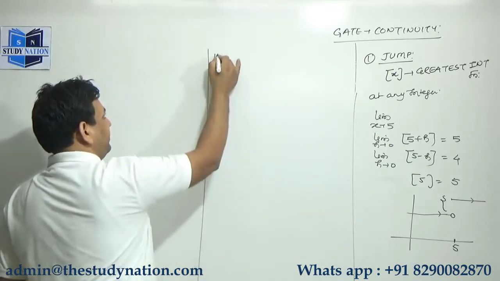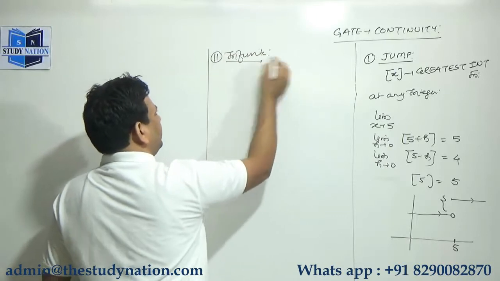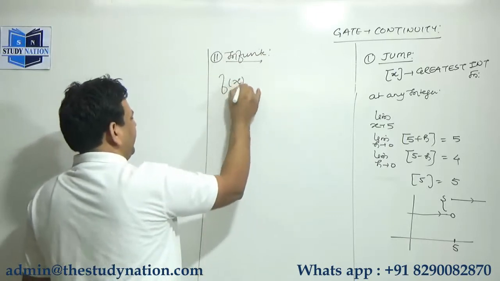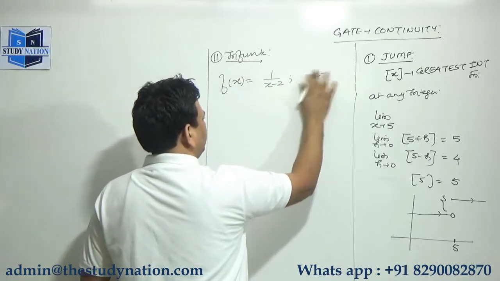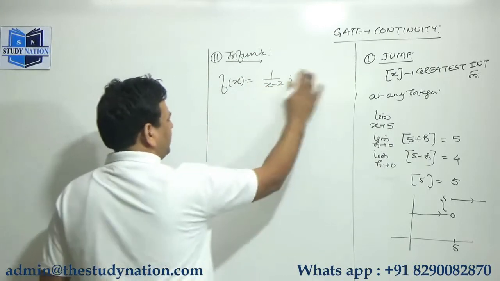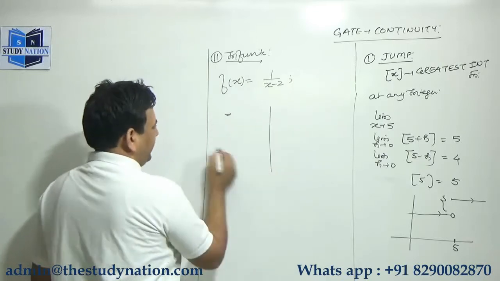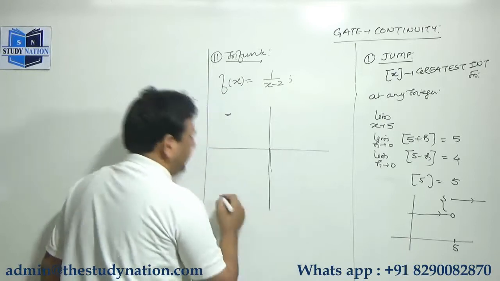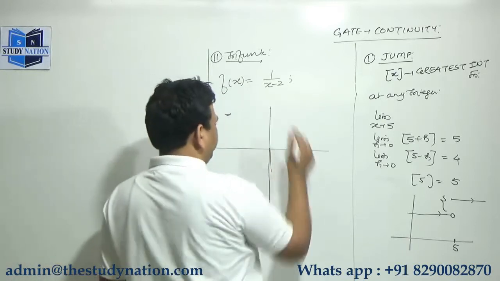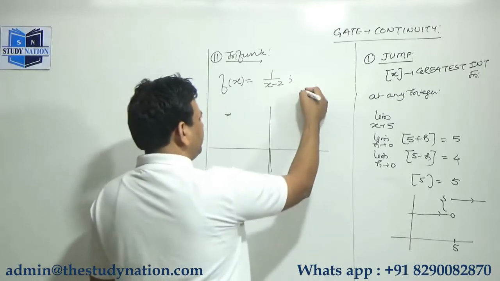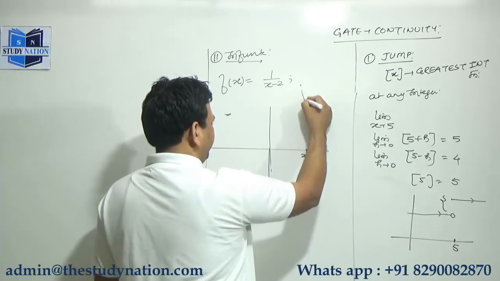Second, we will say infinite discontinuity. So suppose the function is defined as f(x) is equal to 1 upon (x minus 2). If we take from the right side, it is positive 1 upon 0, it will go to infinity. So at x is equal to 2, it will come from the infinity.